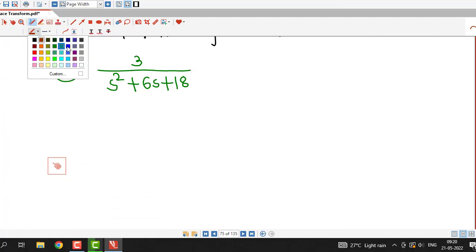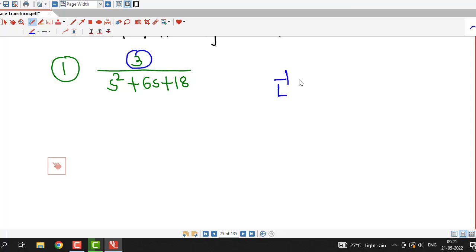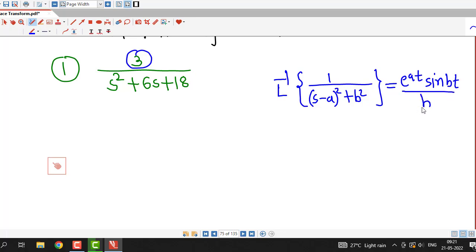First function is 3 divided by s square plus 6s plus 18. Here in the numerator s is absent, so this suggests us to use this formula, L inverse of 1 divided by s minus a square plus b square equal to e raised to at sine bt divided by b.